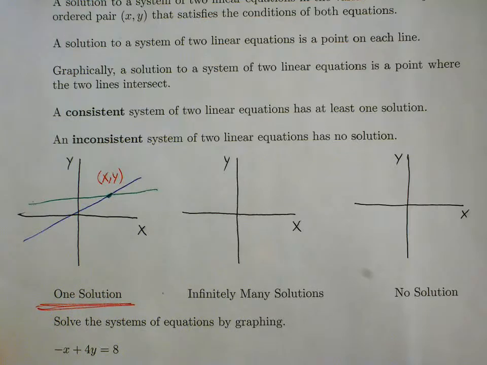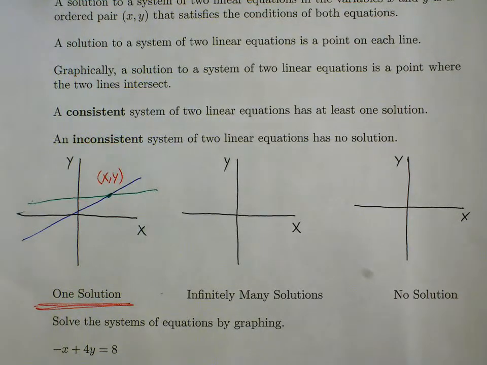It's the one and only ordered pair solution for that system. So in general, as long as two lines have different slopes, there will be exactly one solution to that system, because two lines that have different slopes intersect at one and only one point.